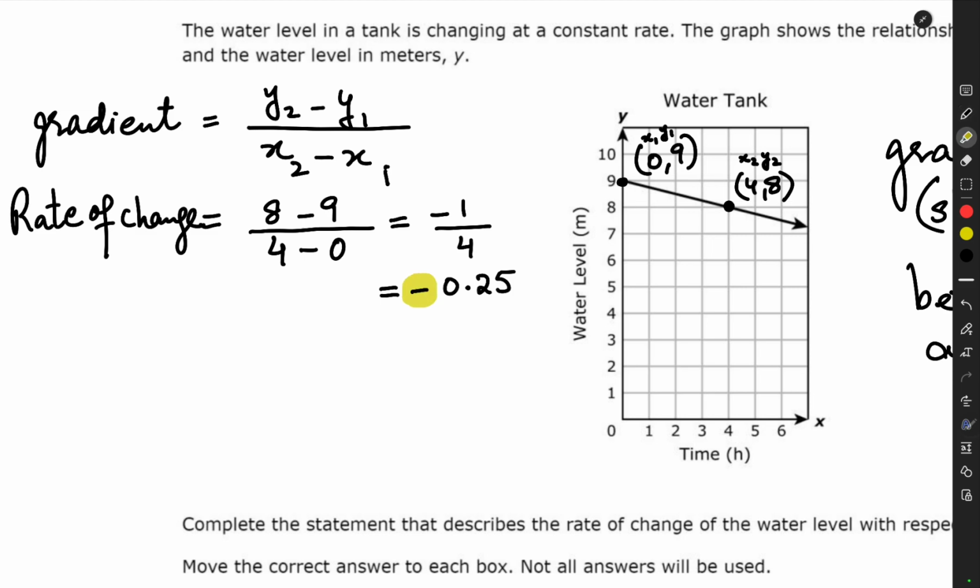Now in this, the minus sign represents the decrease. If it's positive, it's an increase. If it is negative, it is a decrease. And by how much is it decreasing? This value represents that. That means it is decreasing by 0.25 meters per hour.